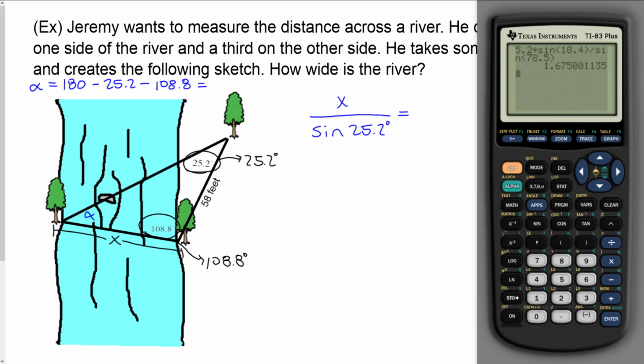And let's get the calculator out and determine what that is. So 180 minus 25.2 minus 108.8. So that's 46 degrees.